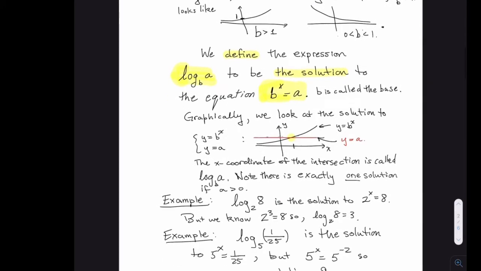Okay, graphically, for instance, if we want to find log base b of a, we can set both sides equal to y, so that we're looking for an intersection of two graphs, and our solution to this equation is exactly the x-coordinate of the intersection of these two graphs.